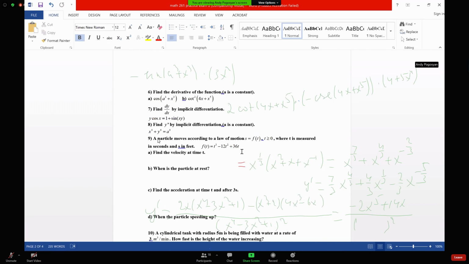So that's what you get: negative 2, 4 plus 5x to the 4, cotangent 4x plus x to the 5, cosecant 4x plus x to the 5. That's what you get for 6.